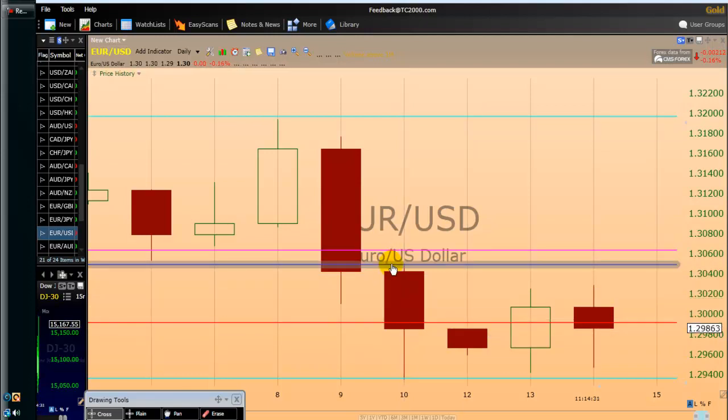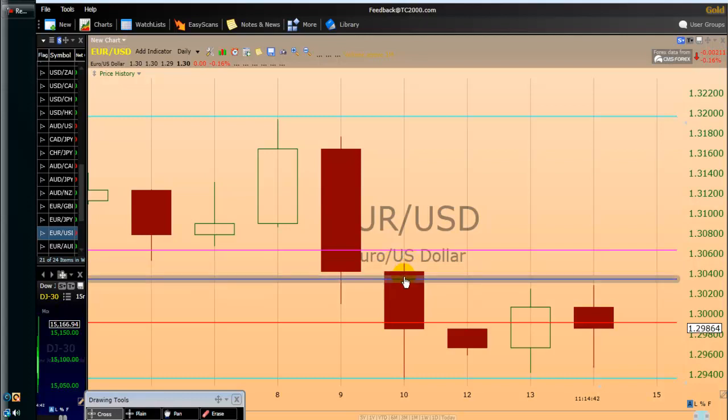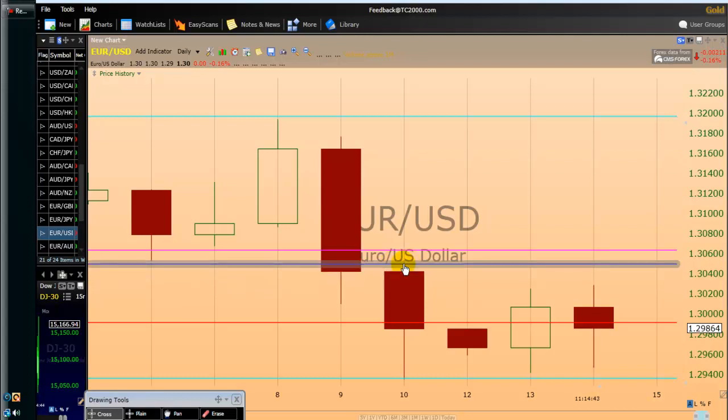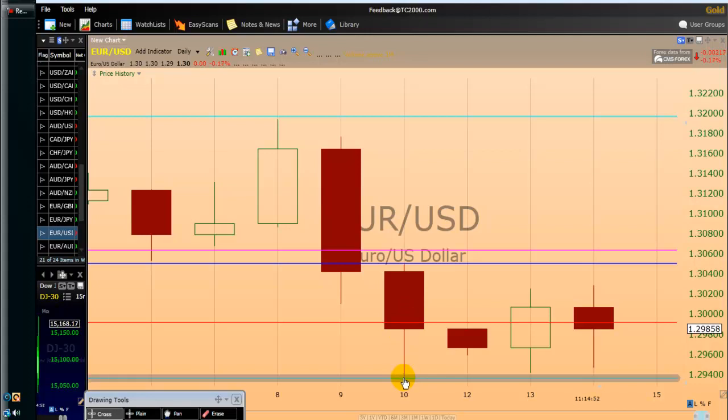Again, we draw the high for the candle of Friday, the Friday before the beginning of the new week. The high for the Euro USD on that Friday, the 10th of May 2013, is at 13050, and the low for the Euro USD is exactly the low of last week, which is at 12935.